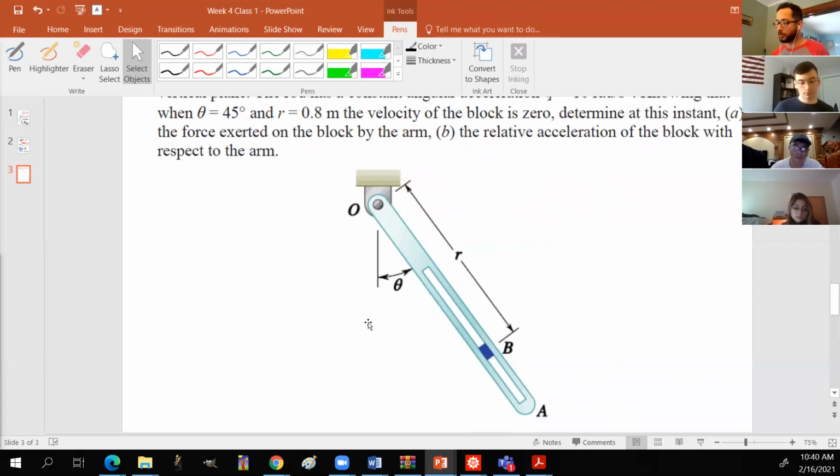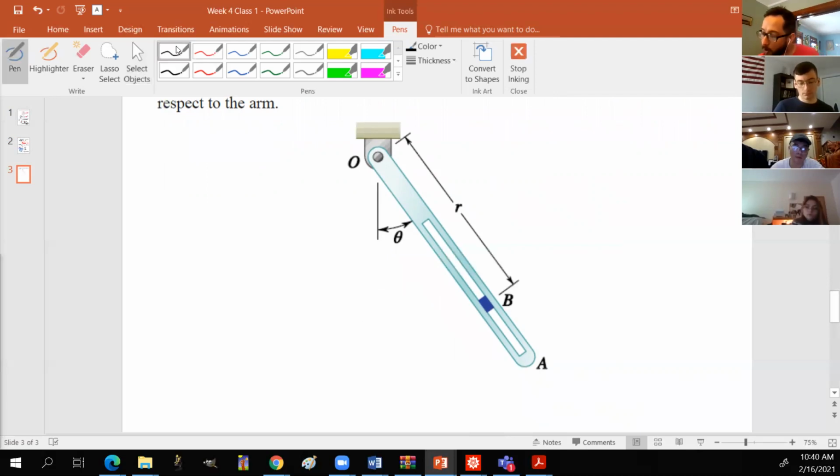So when you're looking at the free body diagram of your block and your kinetic diagram, let's say that is your block. You'll have its weight, which acts downwards.